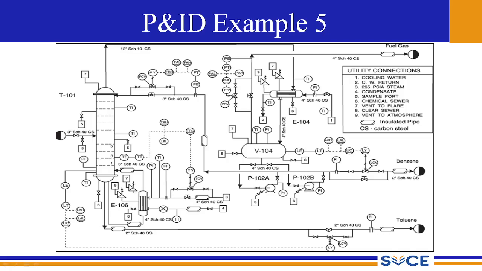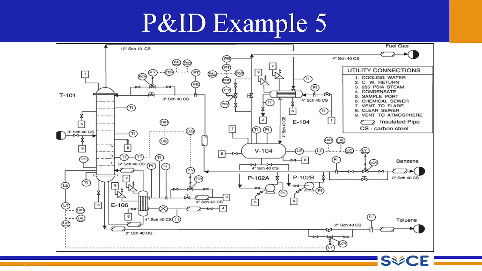If it is labeled as 3, then that is representing the steam line, and if it is labeled as 4, then it is the condensate line, and if it is labeled as 5, 6 and so on, we can read the utility connections from this legend.